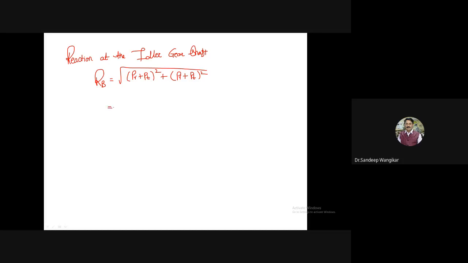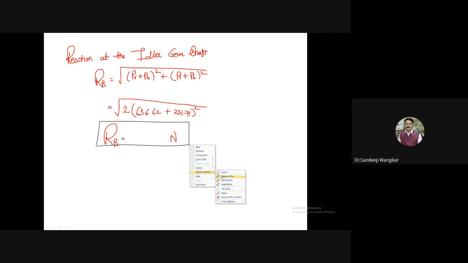So just 2 times, substitute the values: square root of (636.62 plus 231.71) square. Let me know what is the value of RB. You will get the answer in Newton.